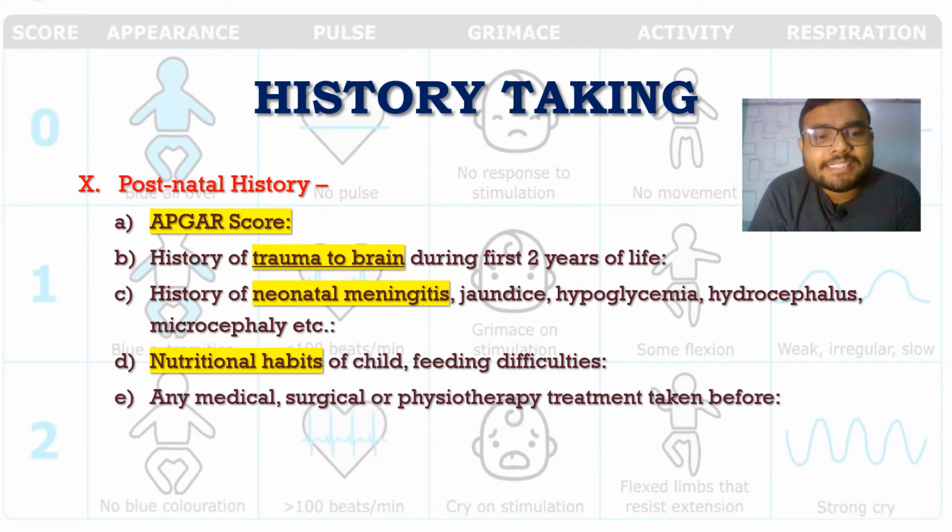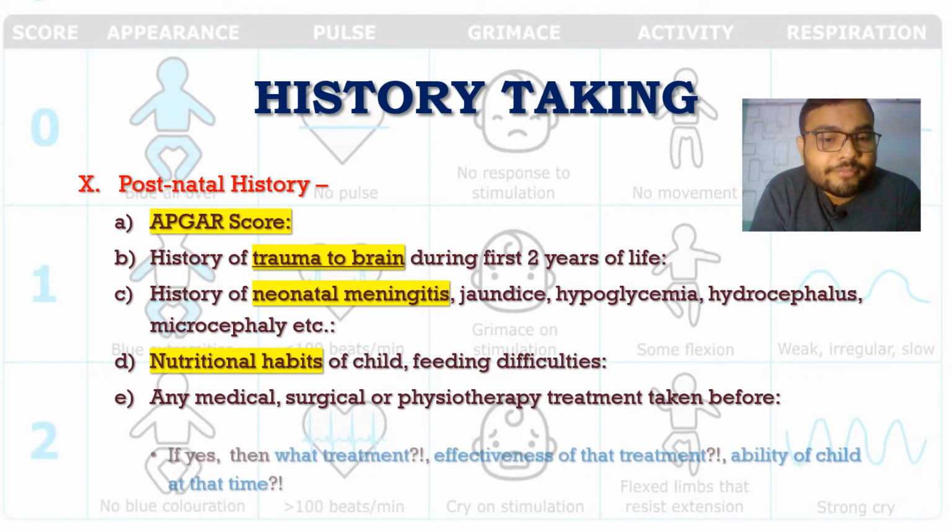Then if there is any medical, surgical or physiotherapy treatment taken before. Surgical, like if the baby has a VSD or ventricular septal defect and has gone through some sort of surgery, then you need to know what surgeries have taken place, and for that what kind of physiotherapy, or if there is any medical condition which was treated by drugs or by surgery, or by physiotherapy after that, you need to know all of that, right?